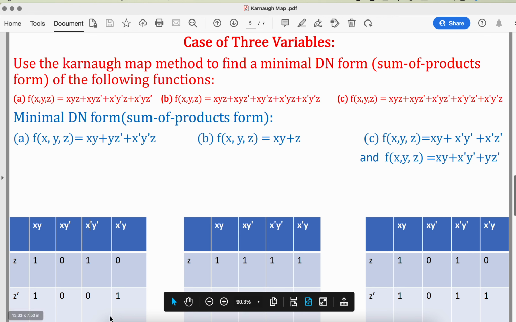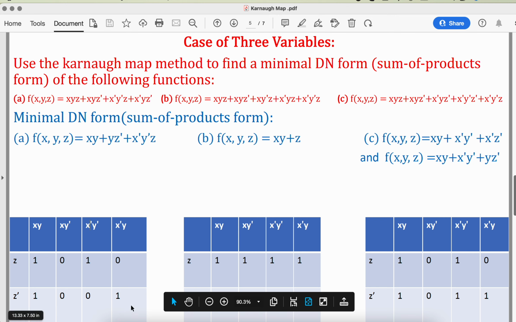We have 1 here and 1 here. So we will consider this column and this column as adjacent columns, because we can wrap them around. We can join this and this. So we will consider this last column and this first column as adjacent columns.